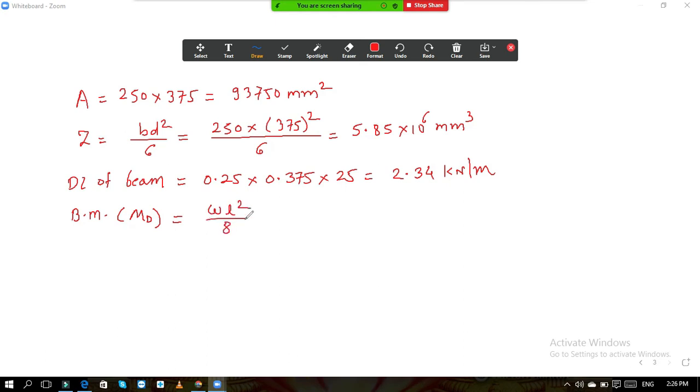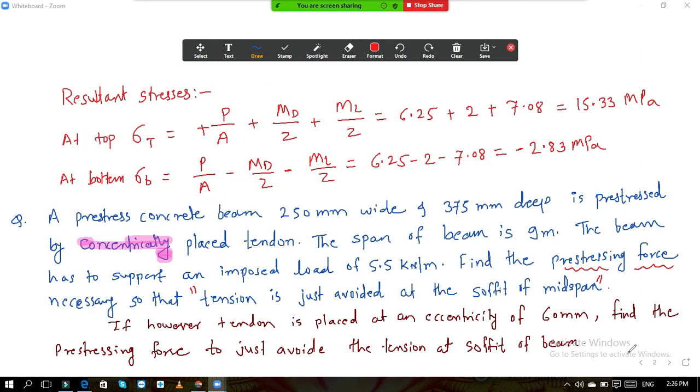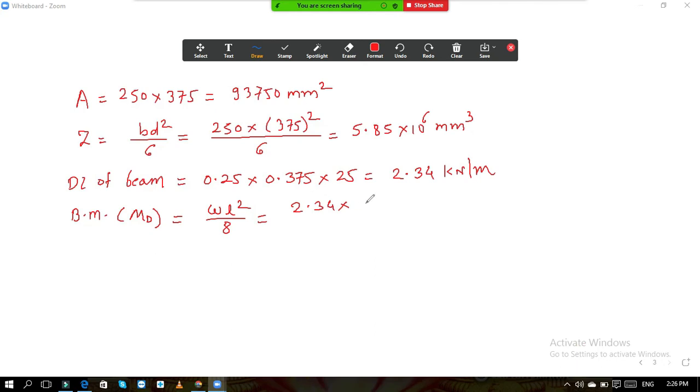WL square by 8, which is equal to 2.34 into, what is the span? 9 meter, into 9 square by 8. So what is the answer now? It is 23.73 kilonewton meter. Please check the value again. This is the moment due to dead load.